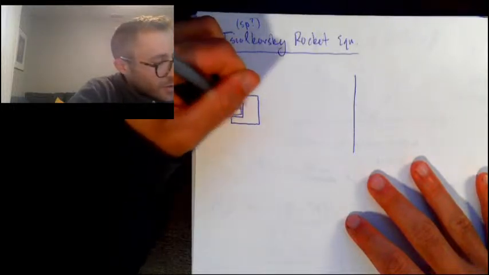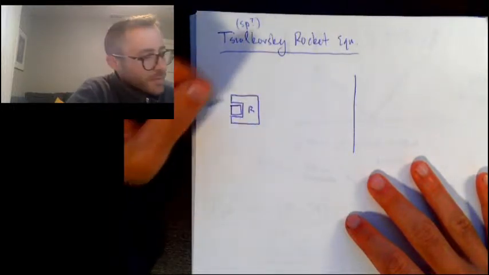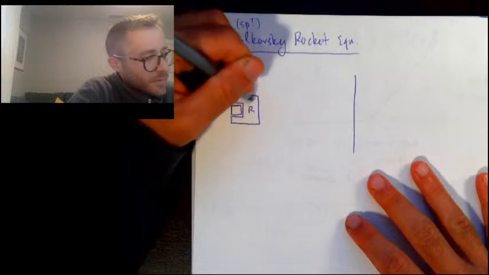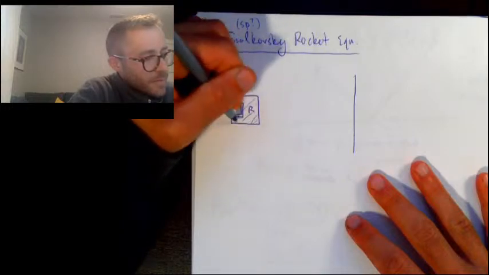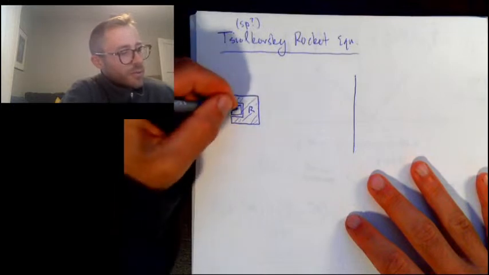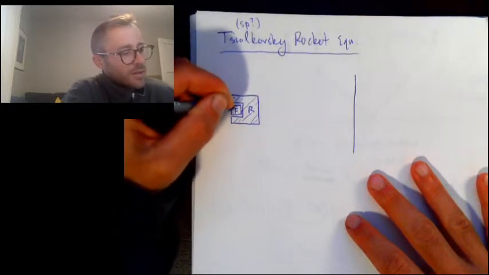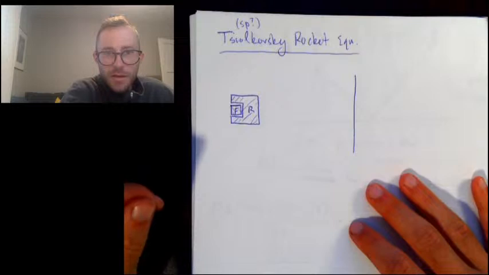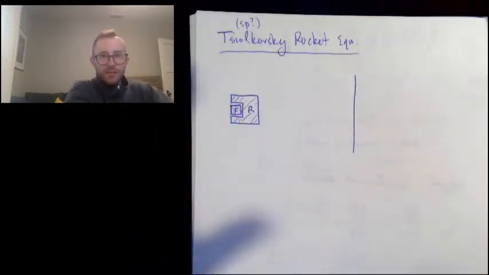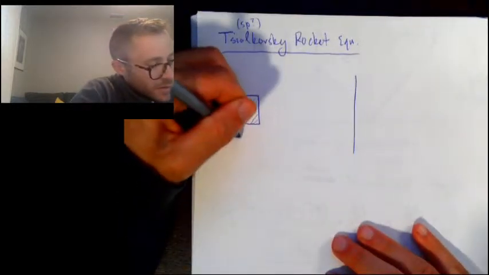So this is the rocket right here, and this is the fuel that is inside the rocket. The total mass of the fuel and the rocket is m.